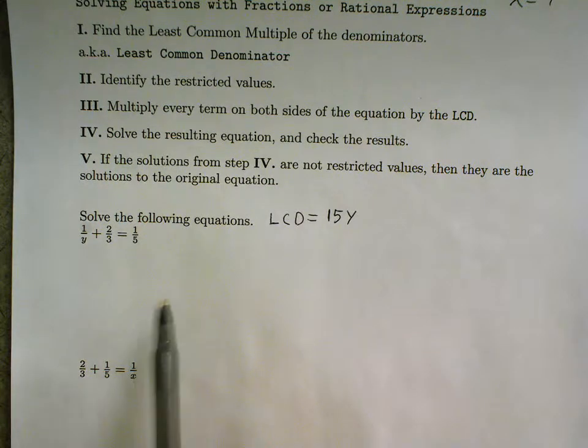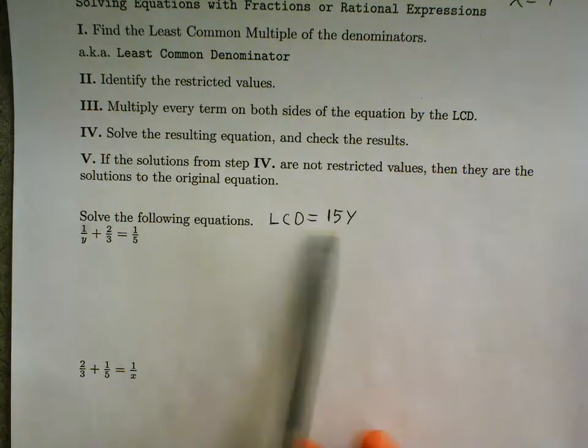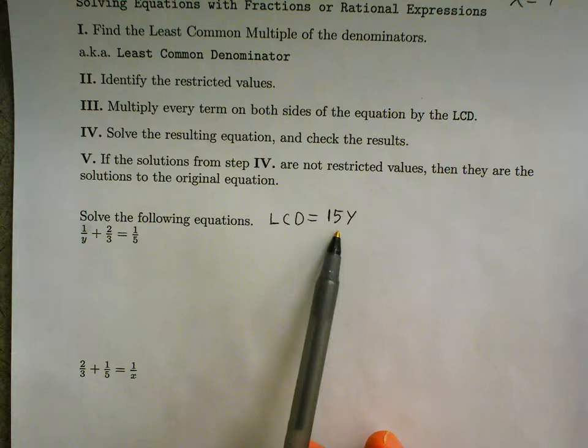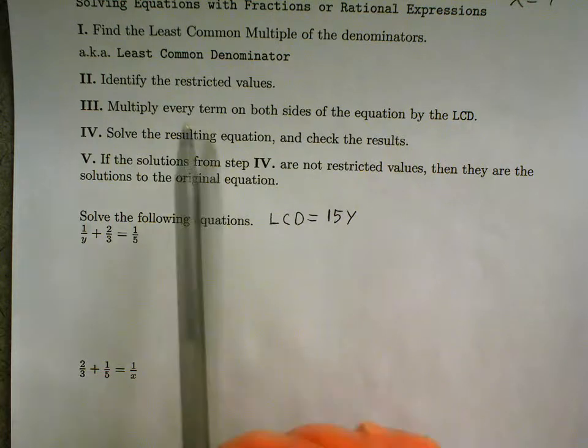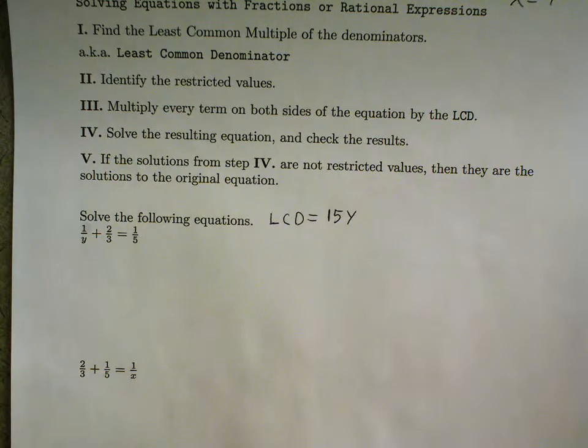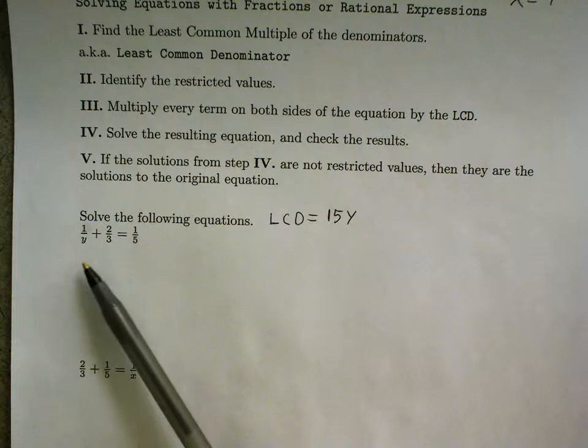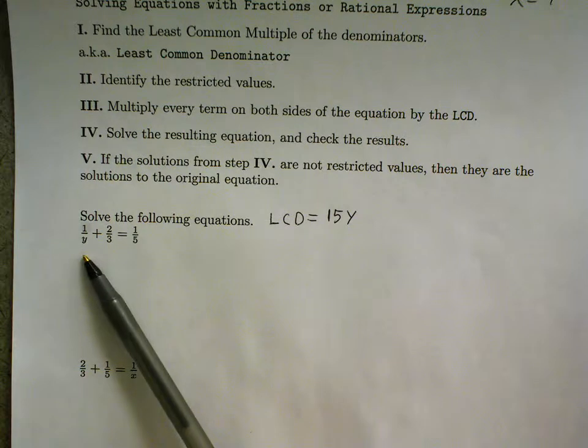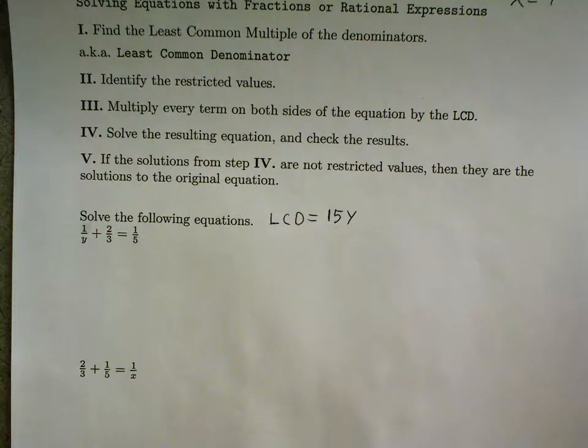Okay, now that we found the least common denominator, 15y, let's identify the restricted values. Well, there's only one variable, y, and it's in the denominator. So what's the restricted value?